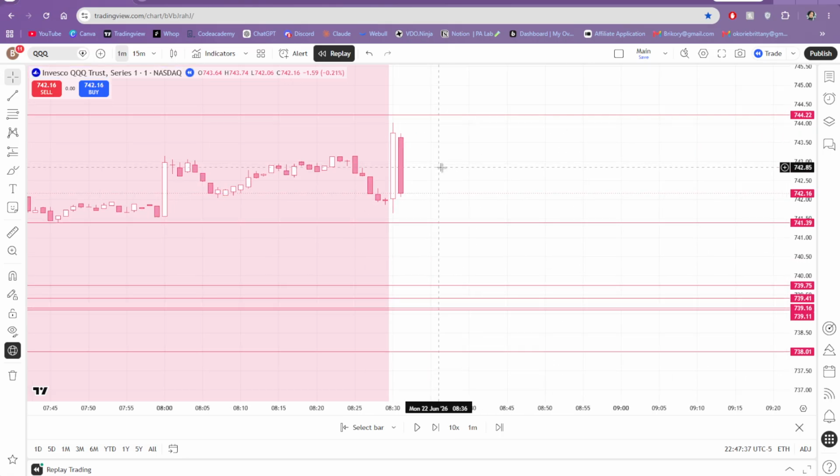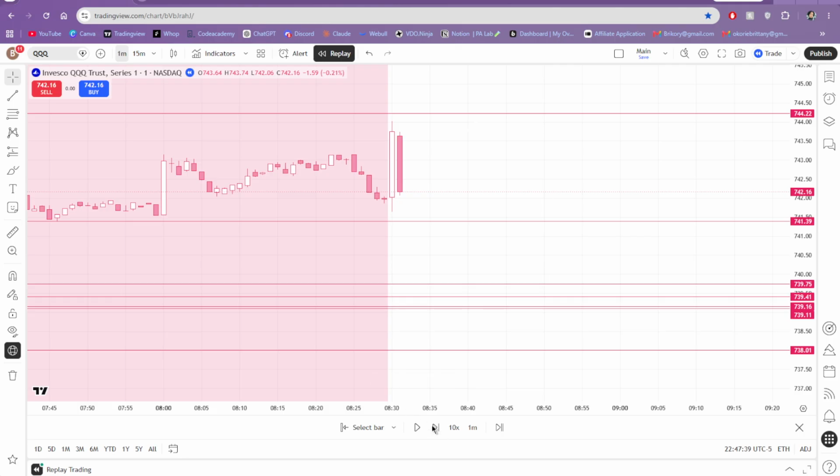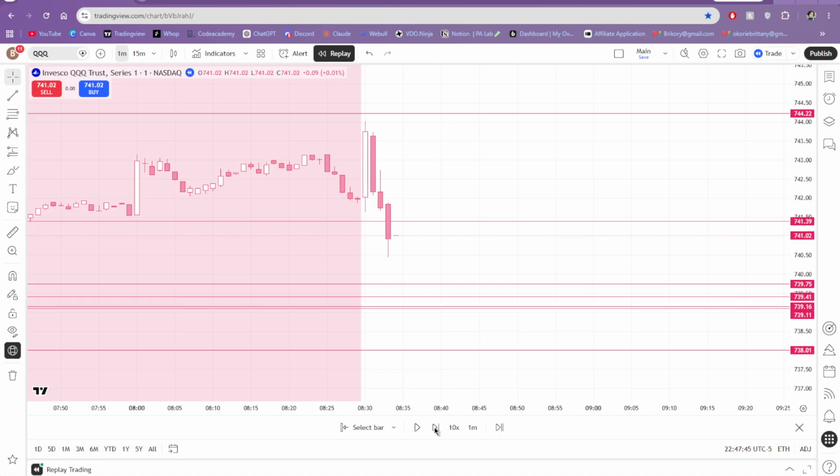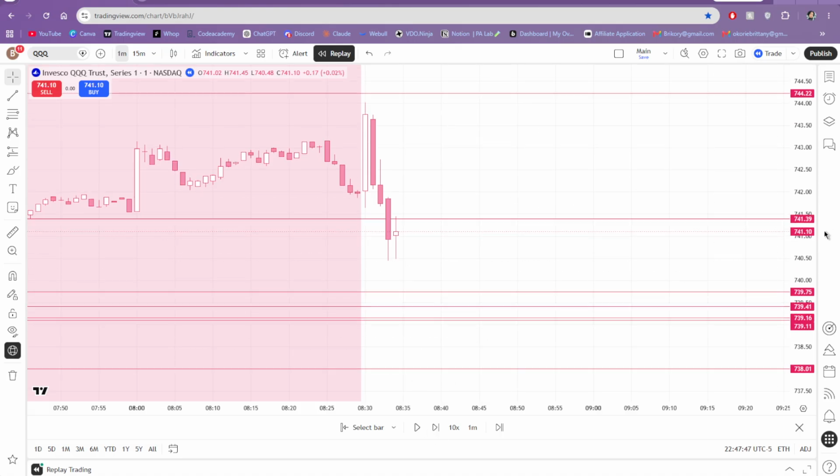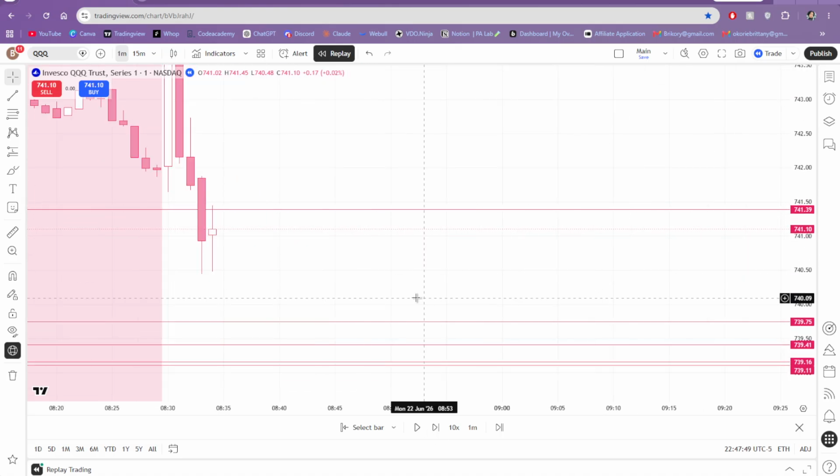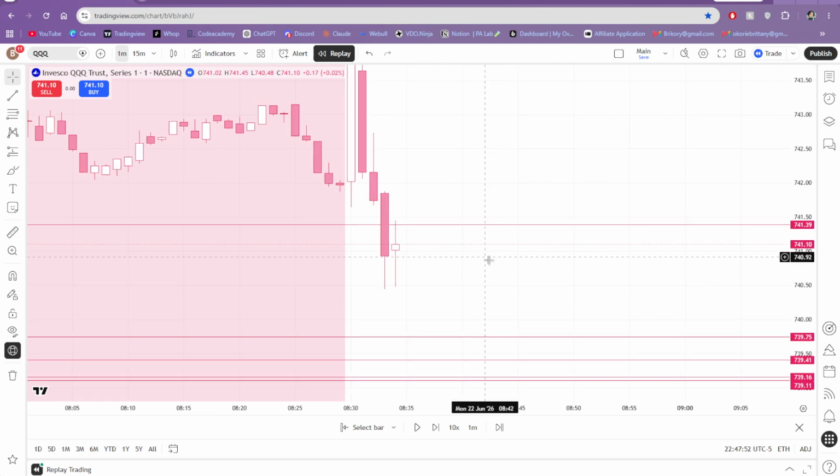So yeah, we had that market volume at the open. See if there's any reaction off of this price target. Okay, so y'all see the difference, okay?